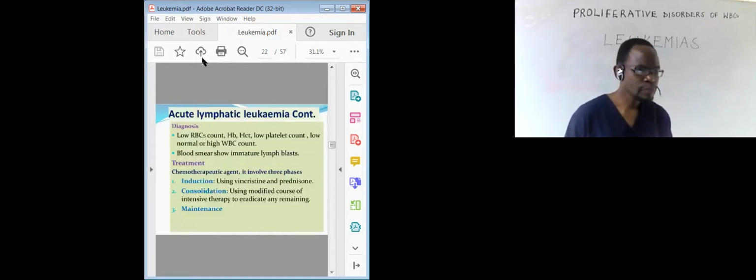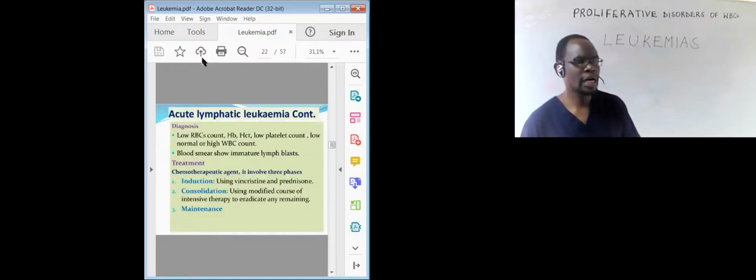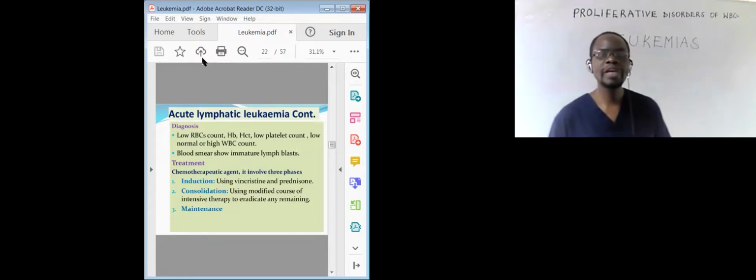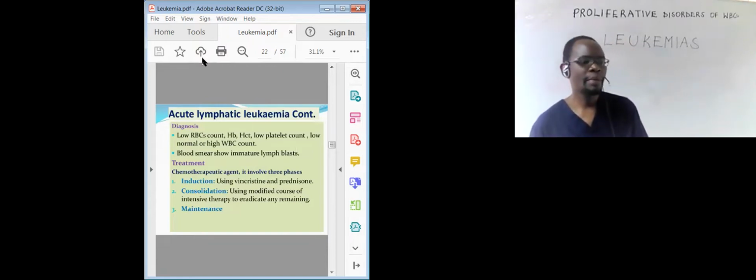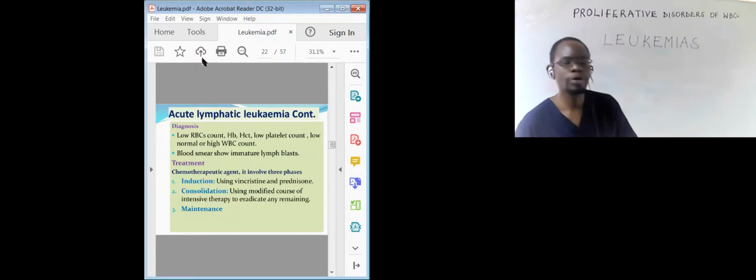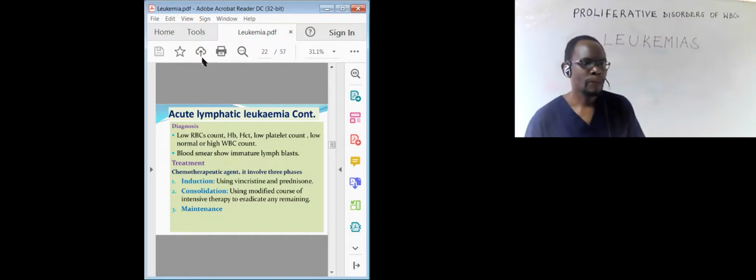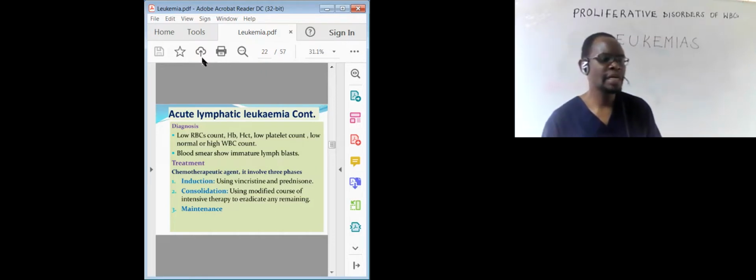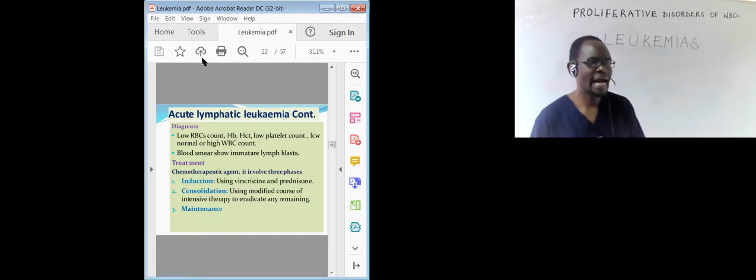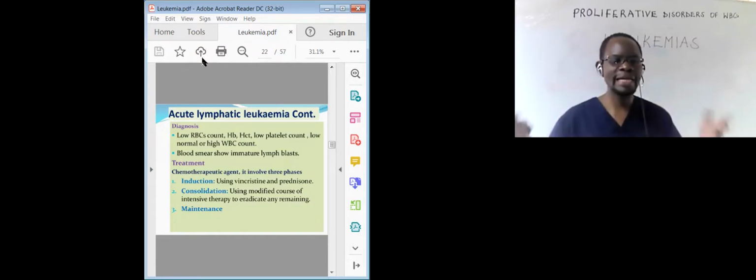How is it diagnosed? Of course, they do CBC, whereby they see a low red blood count. They do HB, hematocrit, low platelet count. So in other words, the other cell lines are low.